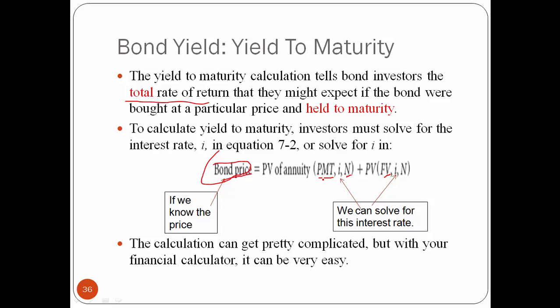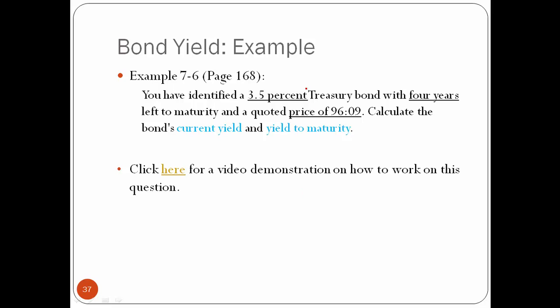So the problem is, if you try to solve this equation manually, it can get pretty complicated. But with your financial calculator, it actually can be pretty easy. So let's see. If you are looking at a 3.5% treasury bond, 4 years left to maturity, and a quoted price of this much, and it's asking you to calculate the current yield, which is again the annual coupon payment divided by the price, and the yield to maturity.